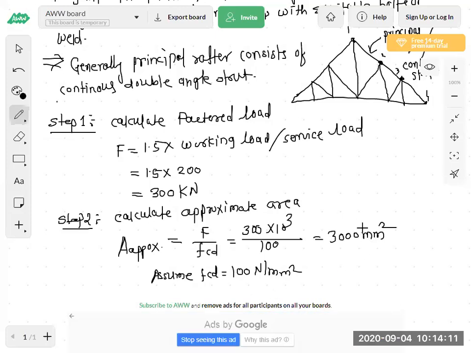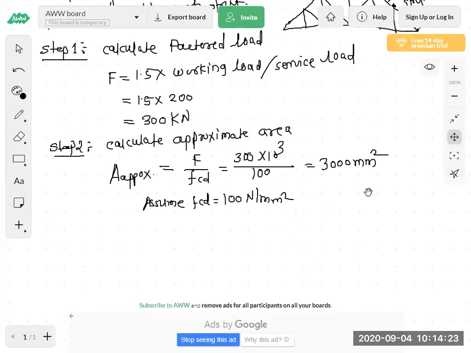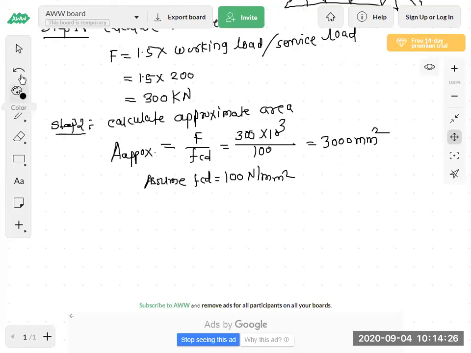This much area is required for the double angle section. But this area is for the double angle, and actually we are selecting a single angle. So we have to divide this area for selection of the single angle. So divide this area first.